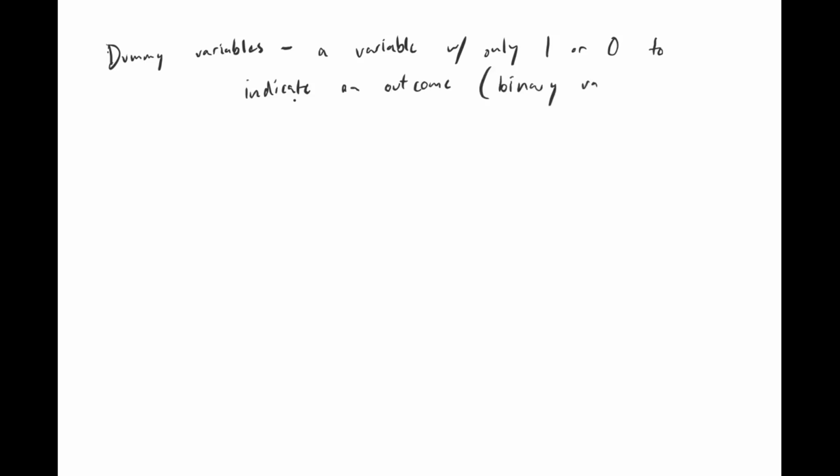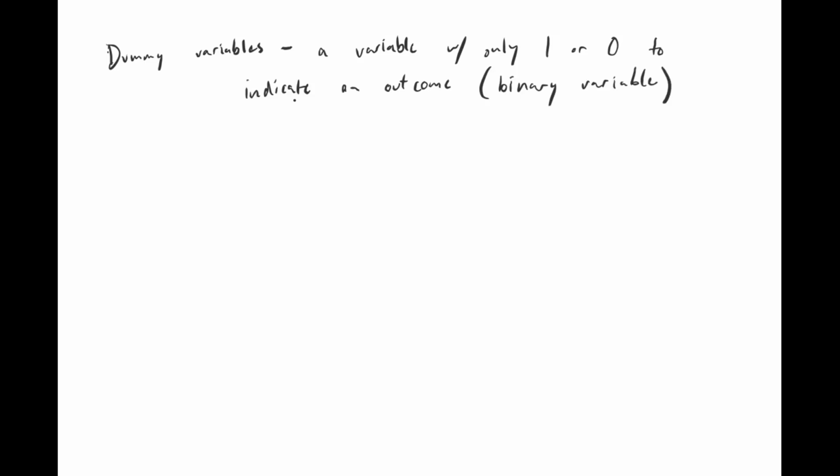So, okay, a dummy variable is a variable with only 1 or 0 to indicate an outcome. So in other words, this is a binary variable.